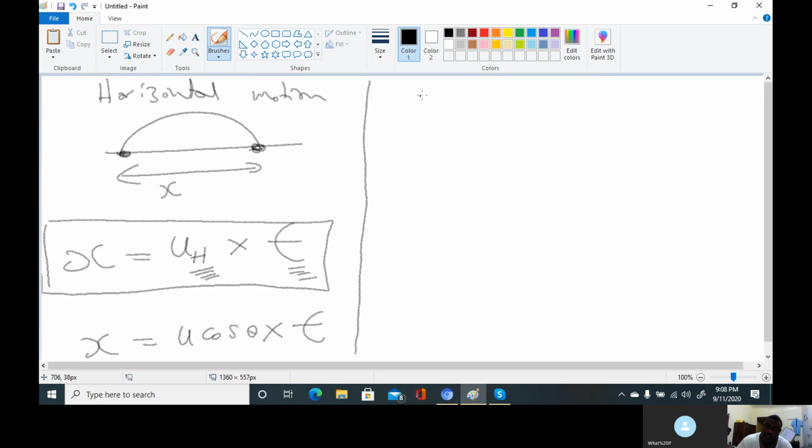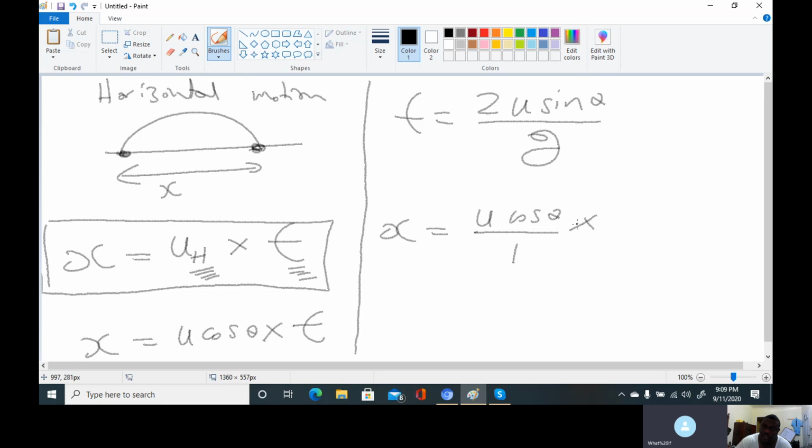What's the flight time? The flight time is 2u sine theta over g. So we can say x is equal to u cos theta, just write that as a fraction right away, multiplied by t.